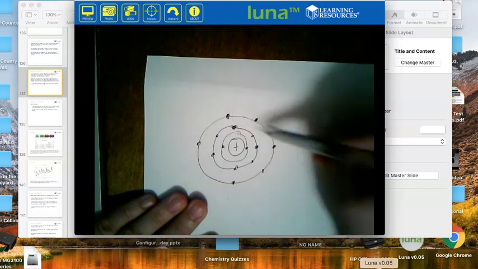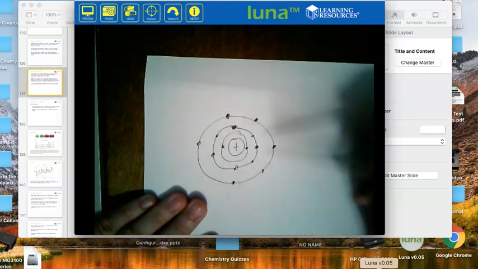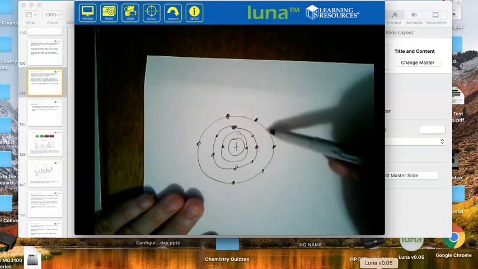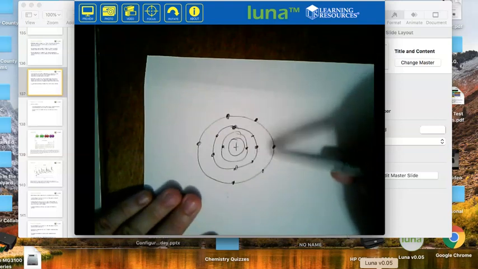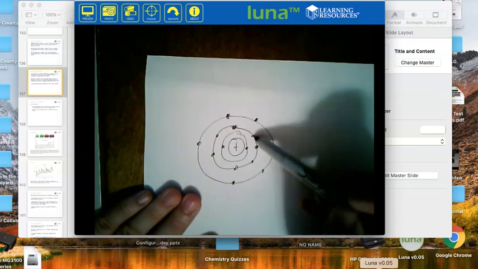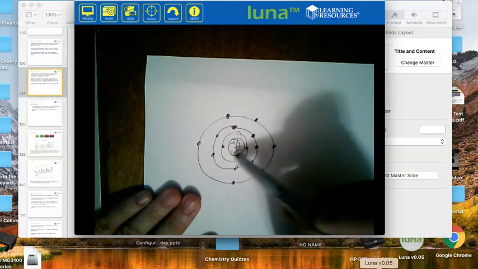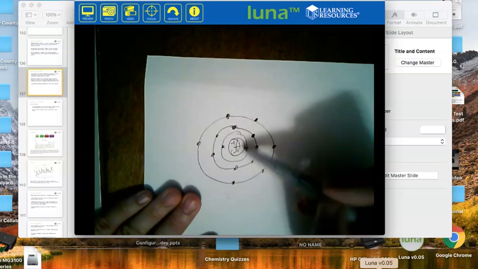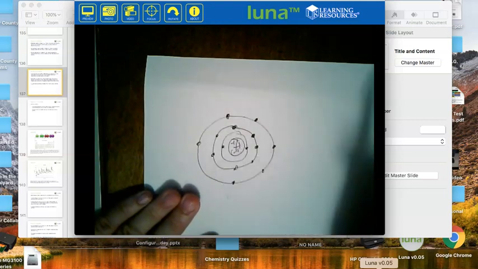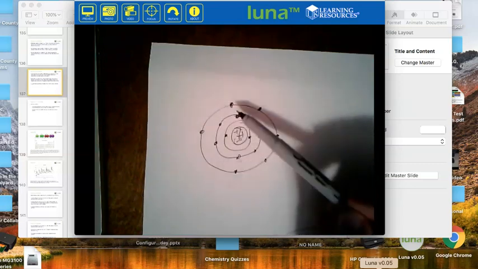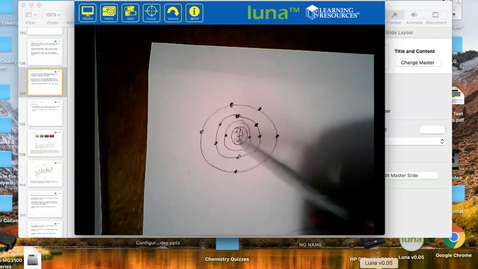They're the same distance away, so it's not going to happen. Core electrons are going to shield electrons that are on higher energy levels from the pull of the nucleus. So these core electrons have a greater attraction for the nucleus compared to electrons that are further away. The energy levels of the electrons further away are higher than that of electrons that are closer to the nucleus, the core electrons.